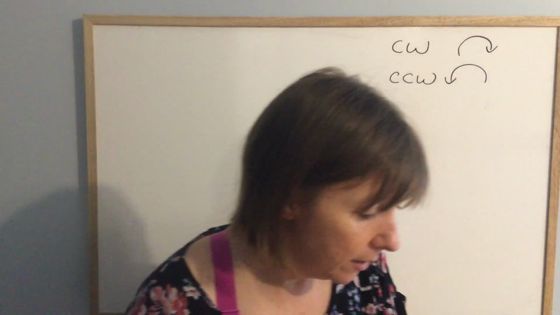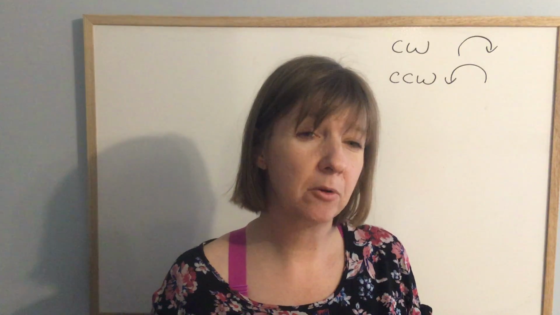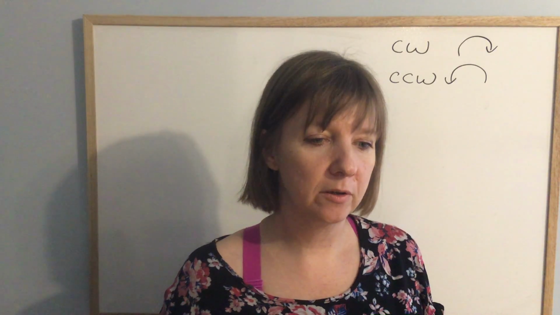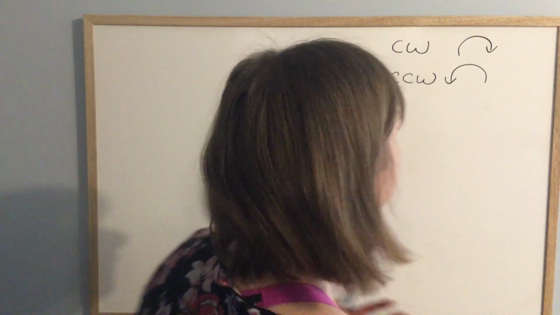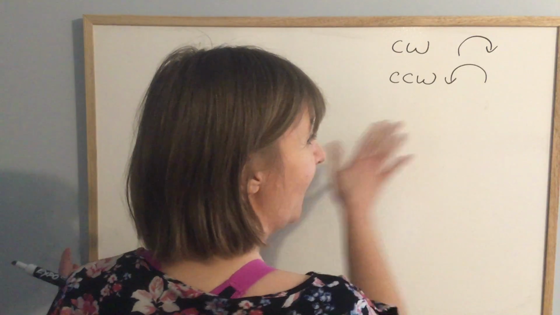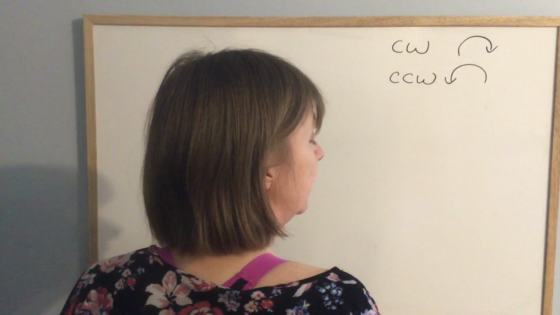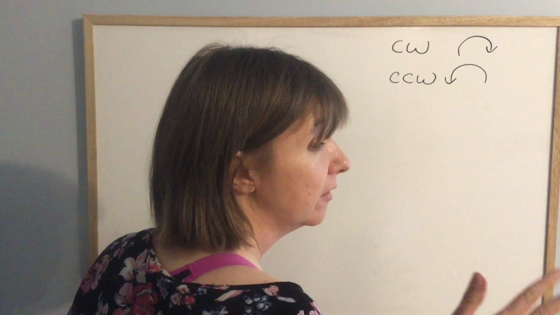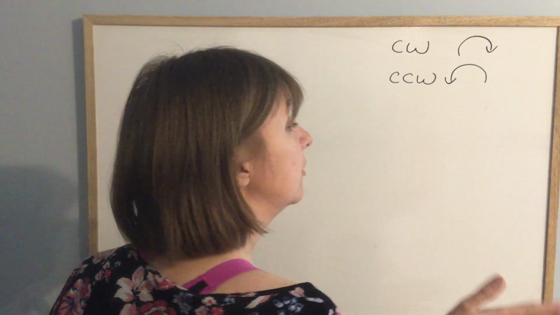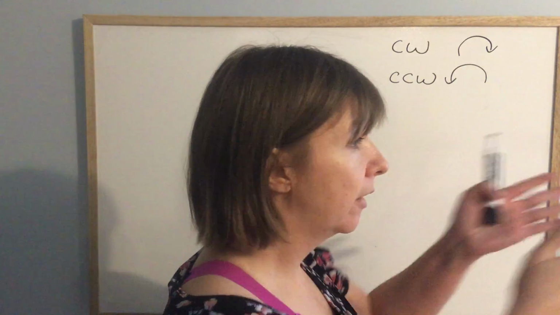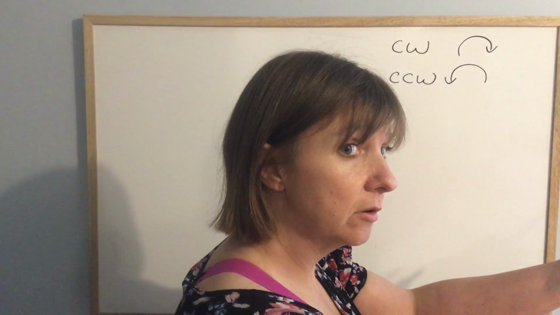Now, if I'm standing here, and this is going to be backwards to you, I always have to think about this. If I'm standing here, clockwise is this way, counterclockwise is this way. If I do a 90-degree clockwise rotation, 90 degrees means a quarter of a turn, so I just turn and face in this direction.